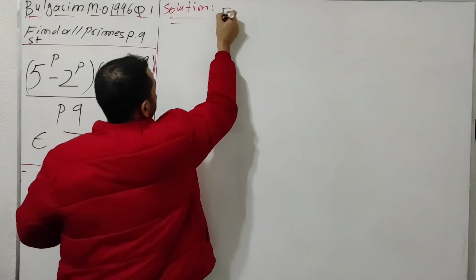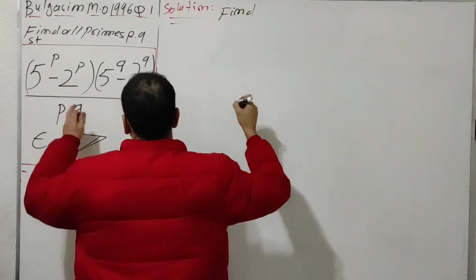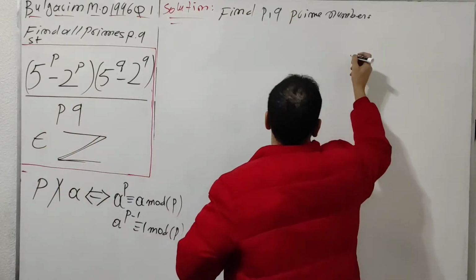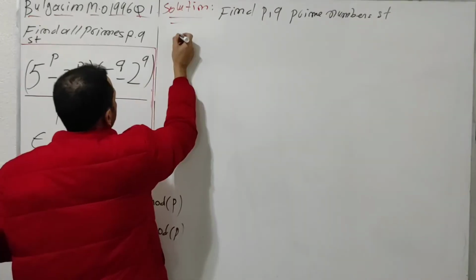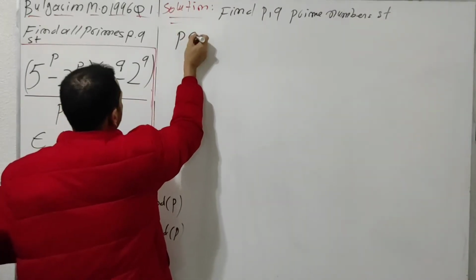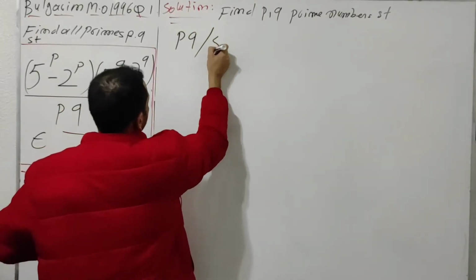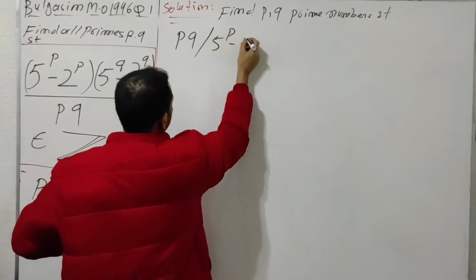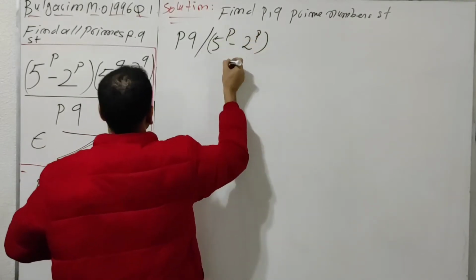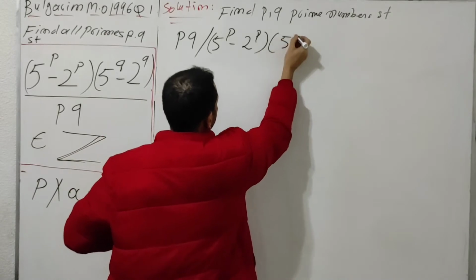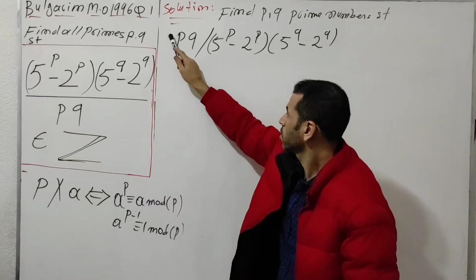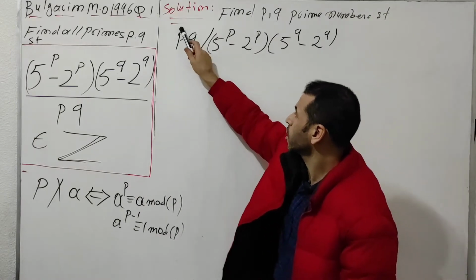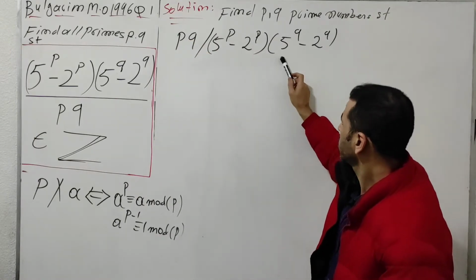So let's find prime numbers such that the whole number (5^p - 2^p) multiplied by (5^q - 2^q), over p multiplied by q, is an integer. Here is a problem: we don't have any information about this divisibility.